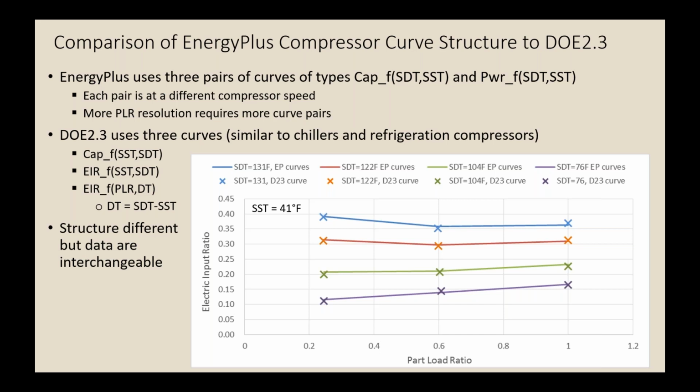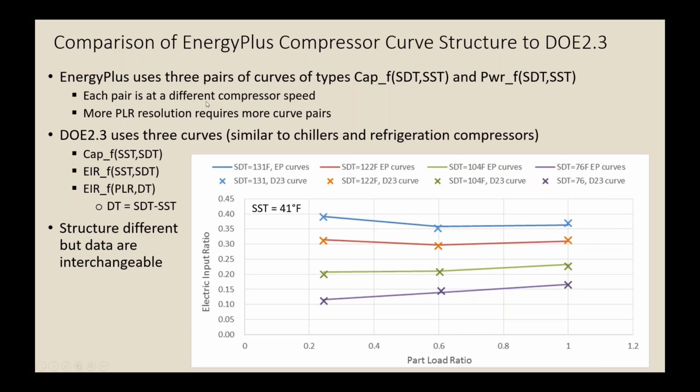I mentioned that EnergyPlus uses a similar kind of component-based model approach to DOE-2.3. And in part of our review of EnergyPlus, we looked at the performance curves that are released as the default curves with EnergyPlus, or in their sample building. I guess it's not really defaults there, but the structure of the curves in EnergyPlus is that they have 3 pairs of curves, and each pair is at a different operating speed.